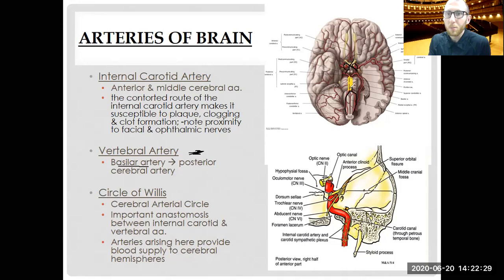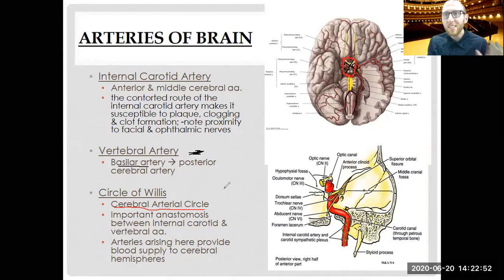So vertebral is up to basilar, and then it really enters an area that makes a circle. And we'll zoom in on this, but this circle right here is called the circle of Willis, or the cerebral arterial circle.